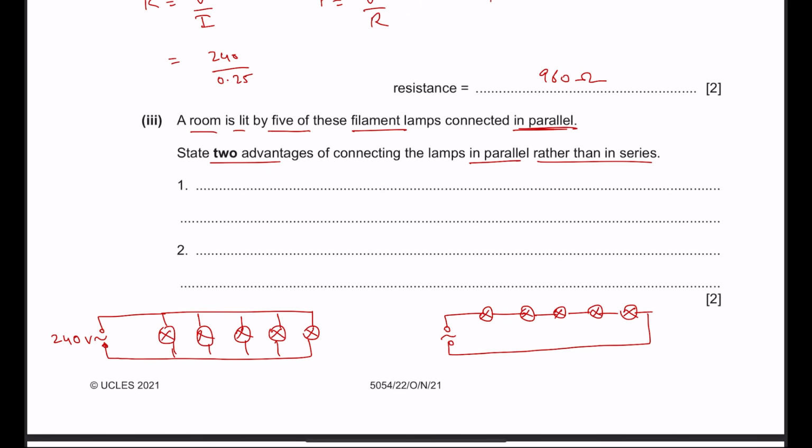So 240 over 5 is around 48. That means each of these is going to get 48 volts across them. Each of them will get 48, right? But in parallel, all of them are going to get 240 volts altogether.